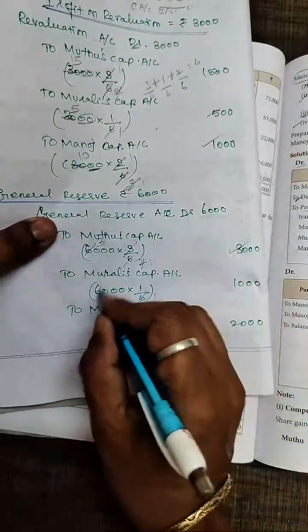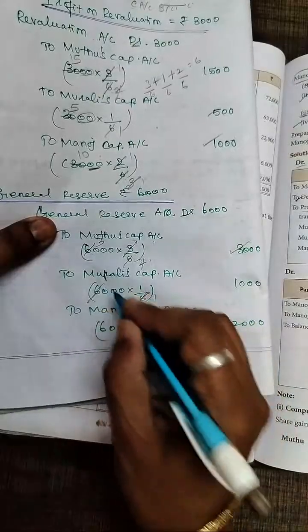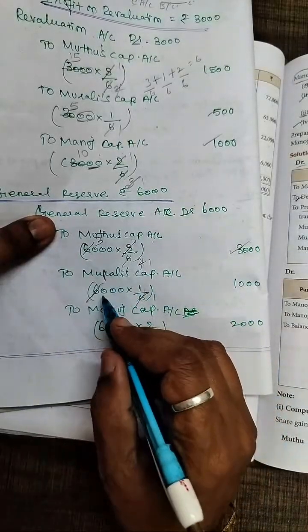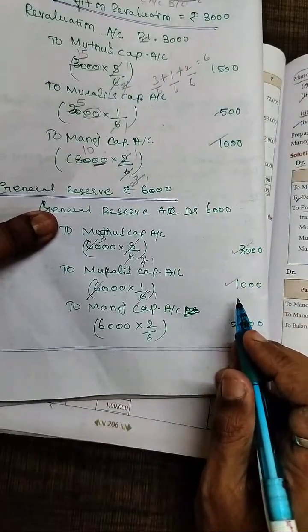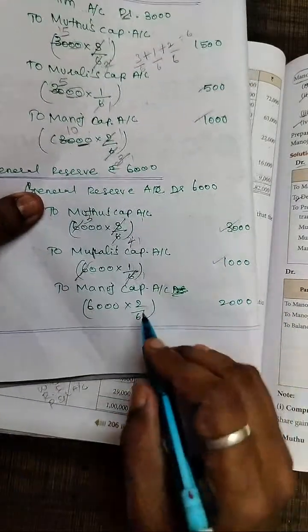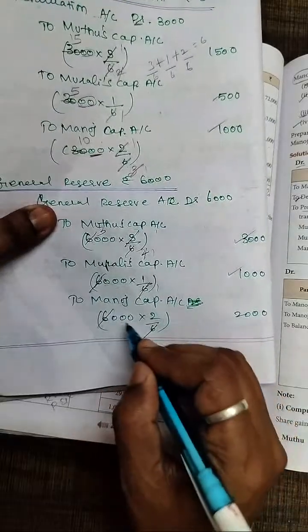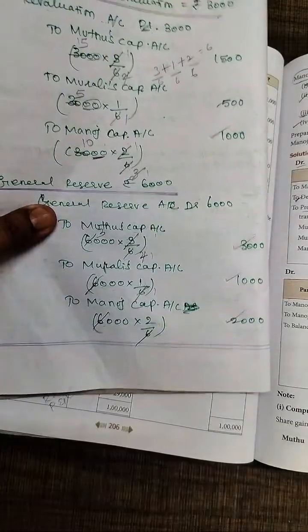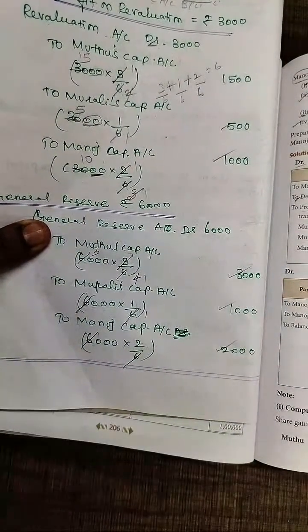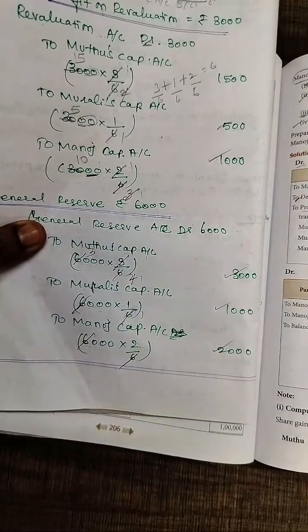Similarly, 1/6, 6 cancels one time. Remaining we have 1 into 1,000, 1,000 rupees goes to Murali's capital account from general reserve. Then 6 cancels one time. Remaining we have 2 into 1,000, or 2,000 rupees, to be transferred to Manoj's capital account from general reserve.